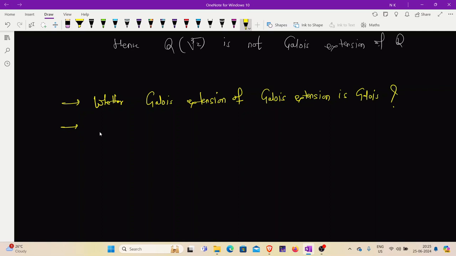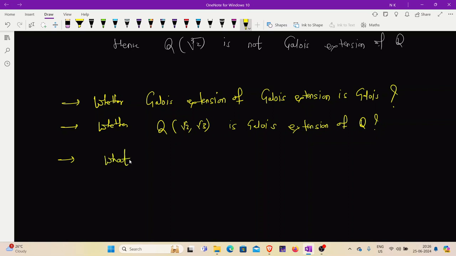Then we will try to see whether Q(root 2, root 3) is a Galois extension of Q, and what is the Galois group of x cube minus 2 over Q. Right, and we will also talk about the fixed fields of subfields of automorphism groups in these cases. So stay tuned for all these answers. Thank you.